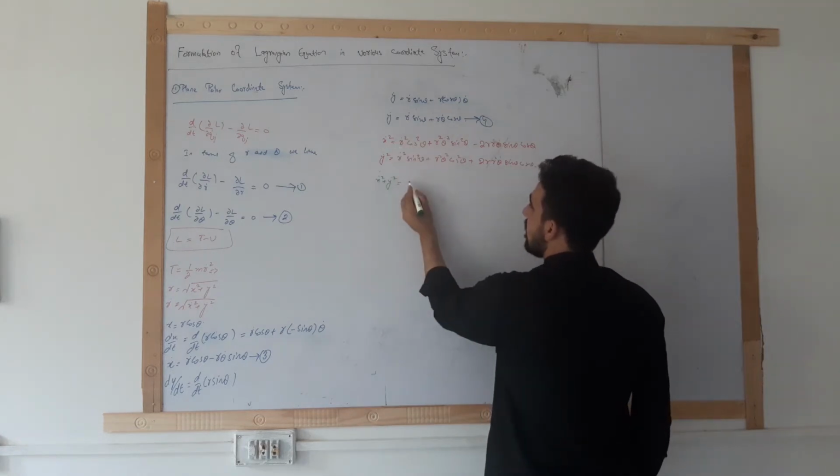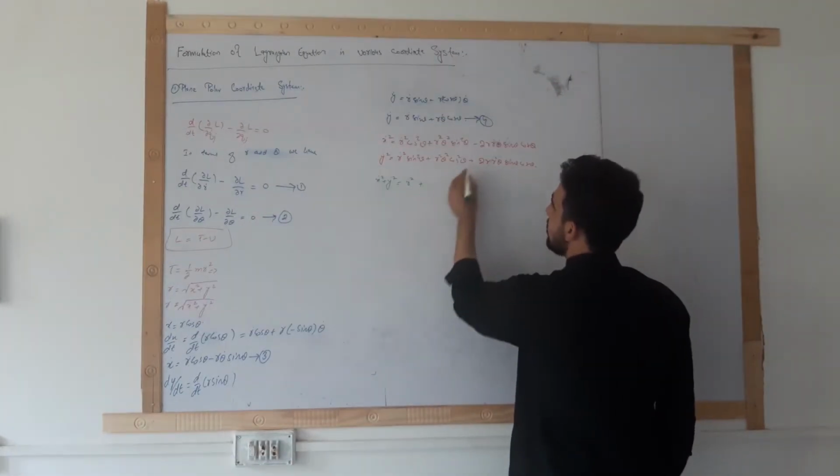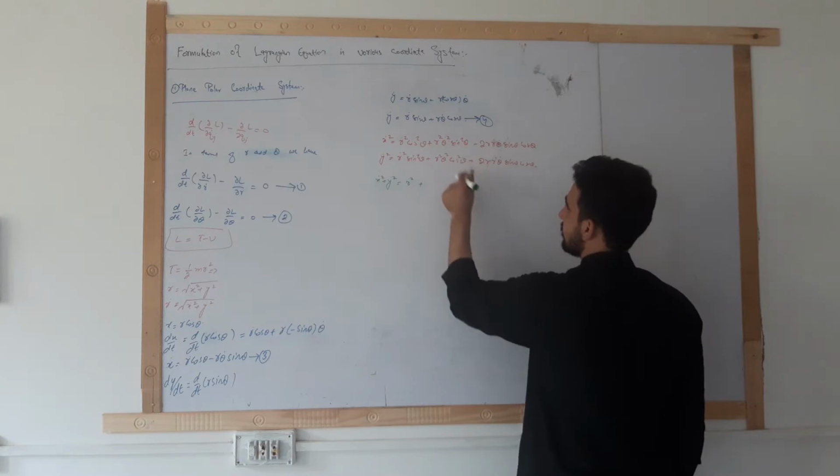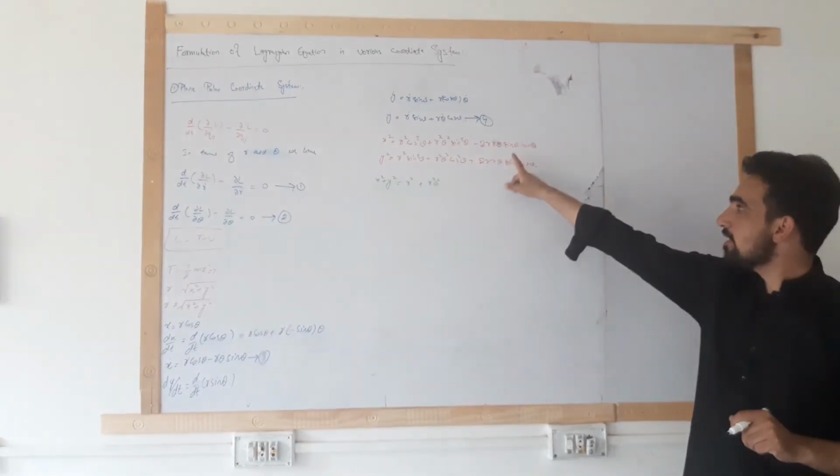In these two terms r dot squared is common, and cos squared theta plus sine squared theta will become 1. Similarly, r squared theta dot squared is common, and we are left with sine squared theta plus cos squared theta again, which will give us 1, and these two terms will cancel out each other.